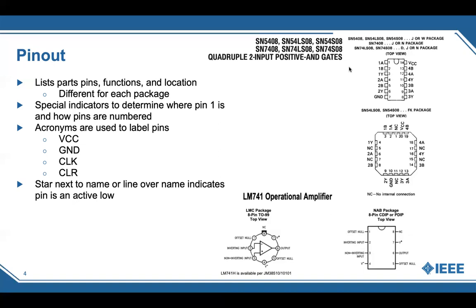And those are just 2 inputs and then a single output. This is for a quadruple 2-input positive AND gate that we're looking at here on the top right. So you just have four AND gates in there with 2 inputs for each and 1 output for each. So you're going to have 8 inputs total and then 4 outputs.